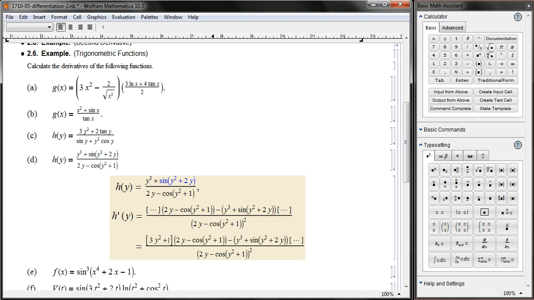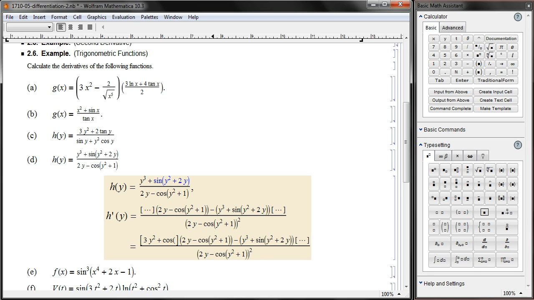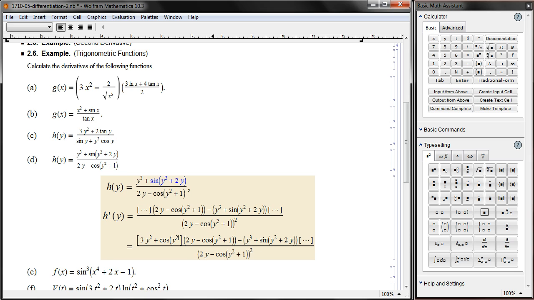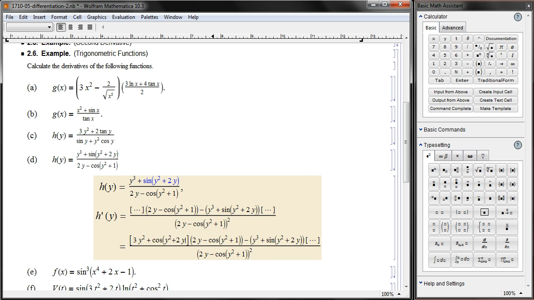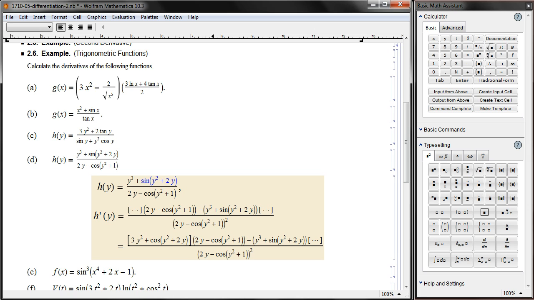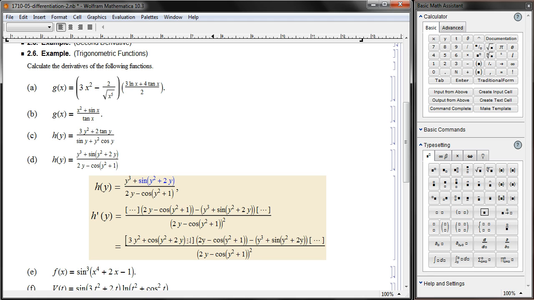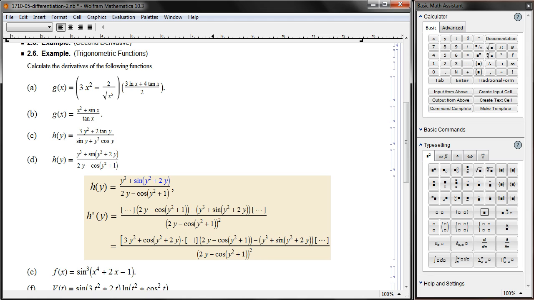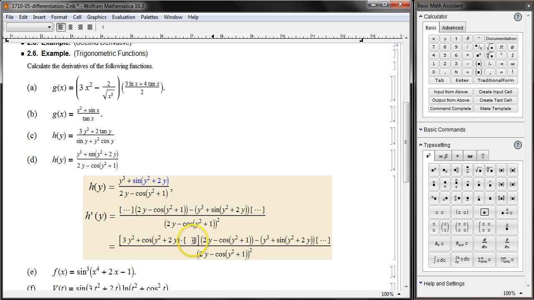Sine. What is the derivative of the outer function? Derivative of sine is cosine. Next, inside never changes, so don't bother at all about the derivative just yet. Just cosine of whatever. And then we have to multiply the derivative of the inside, and let's worry about that a little bit later.